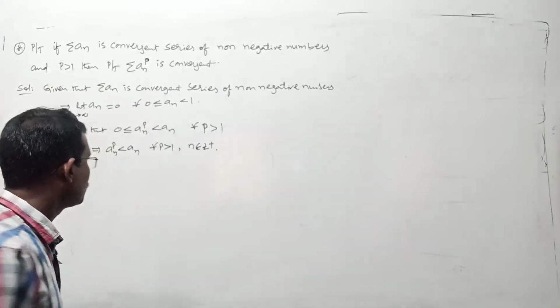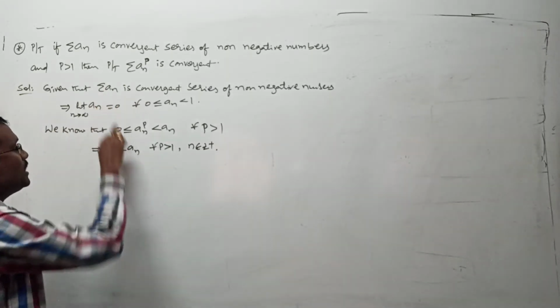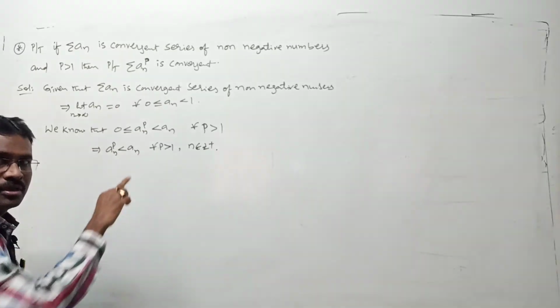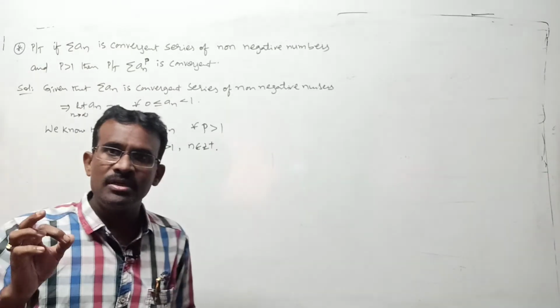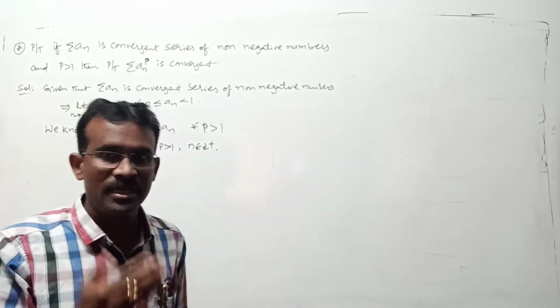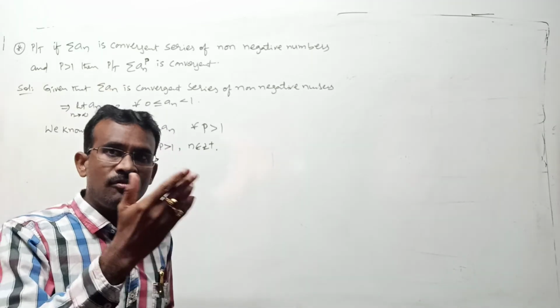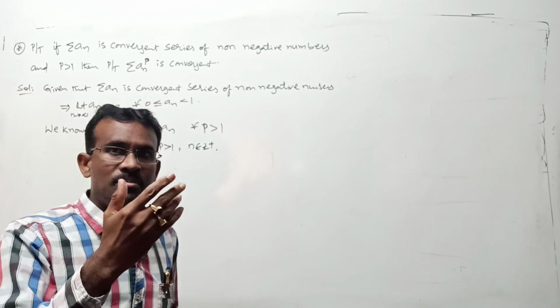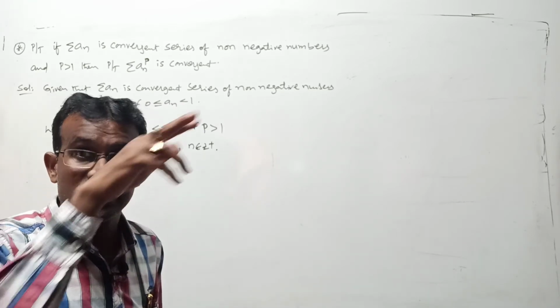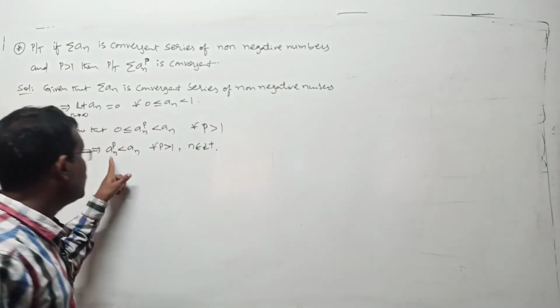Here, look. We know that sigma an is convergent and limit an is equal to 0. In the limit comparison test, look at the second condition: if limit an by vn as n tends to infinity is l equal to 0, and if sigma an is convergent, then sigma vn is also convergent.